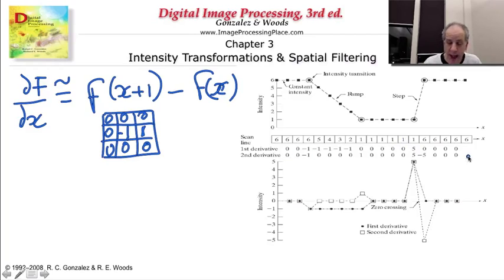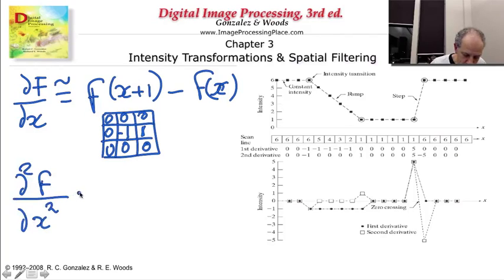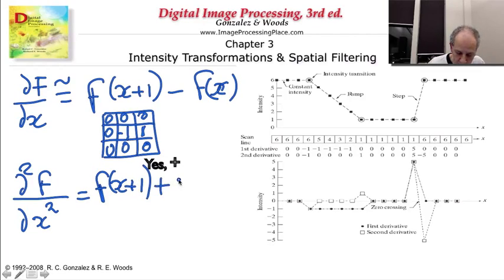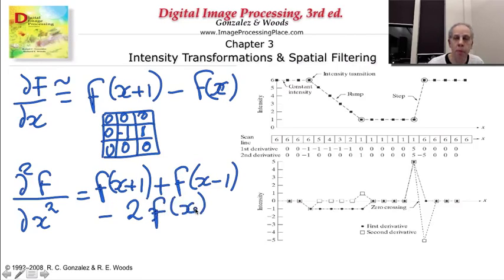Then we can take the second derivative. And once again, we can write an explicit formula and a mask for the second derivative. So we're going to do the second derivative of our image, once again, in the x direction. And once again, there are many ways of implementing this second derivative, but one of them is to take f at x plus 1 plus f at x minus 1 and subtract 2 times f at the actual pixel.